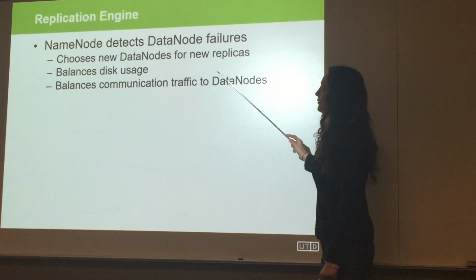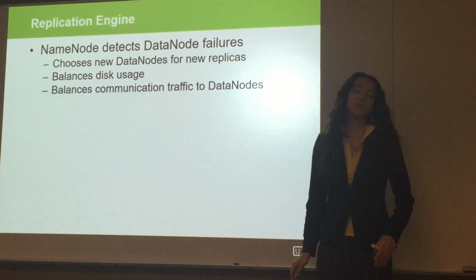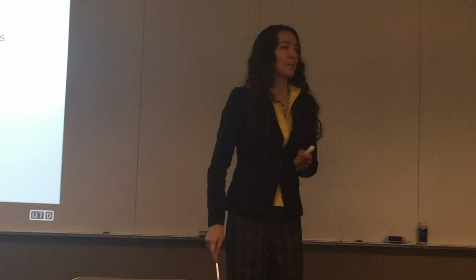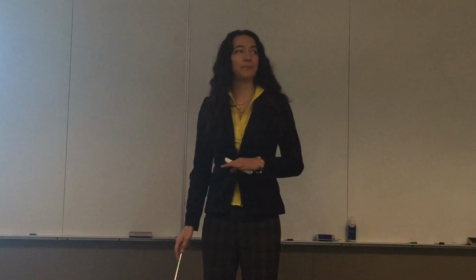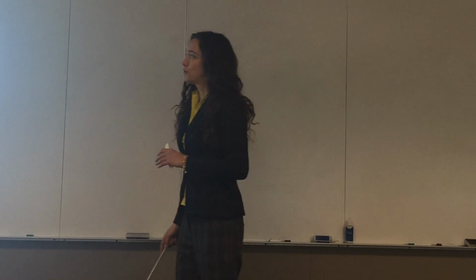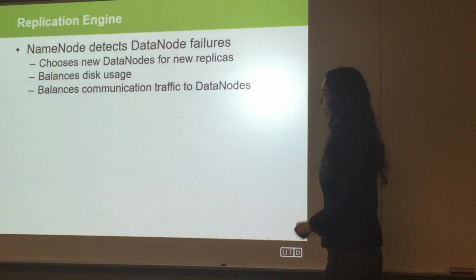Now, when it does that, it is considering which nodes are being used the most at the time. And so it does some load balancing in the sense that it will choose a node that is not that heavily used at the time.